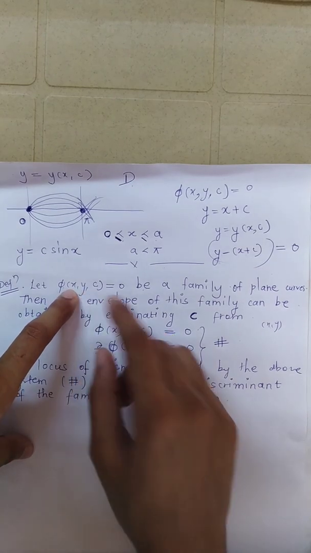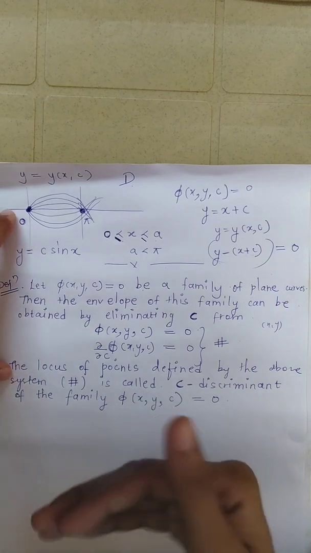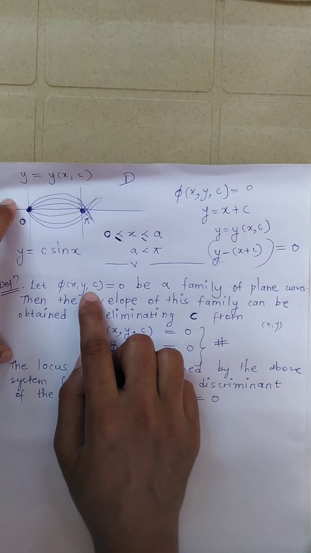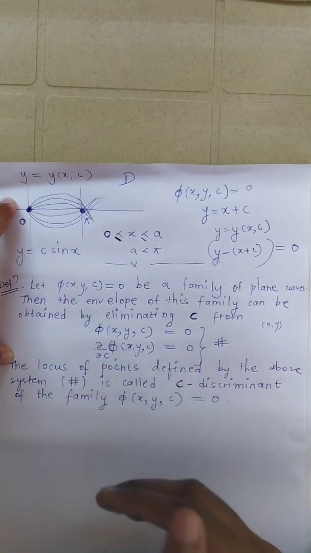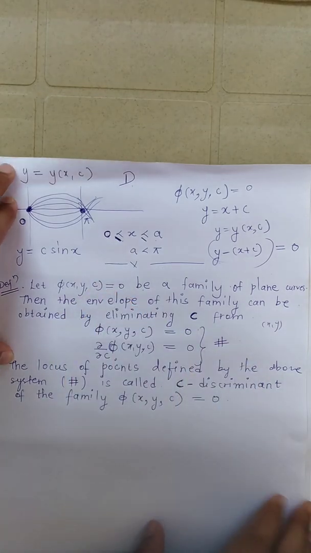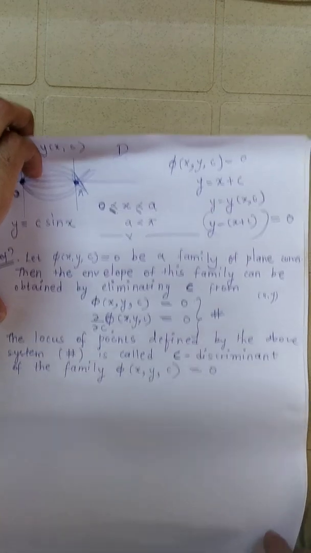And each portion will be touched by infinitely many curves belonging to this family. Let us see some examples to get a better geometric interpretation of what this C discriminant is and how we get the envelope.